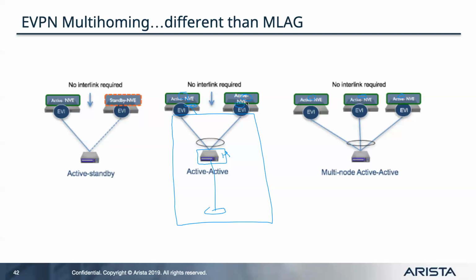Does it involve a LACP between the host and the two EVIs? Yes, this LACP we will run, but it will not come up because there will be two different system IDs. It might not come up. So for that, we have provision in type 1 and 4 or configuration so that this LACP comes up.